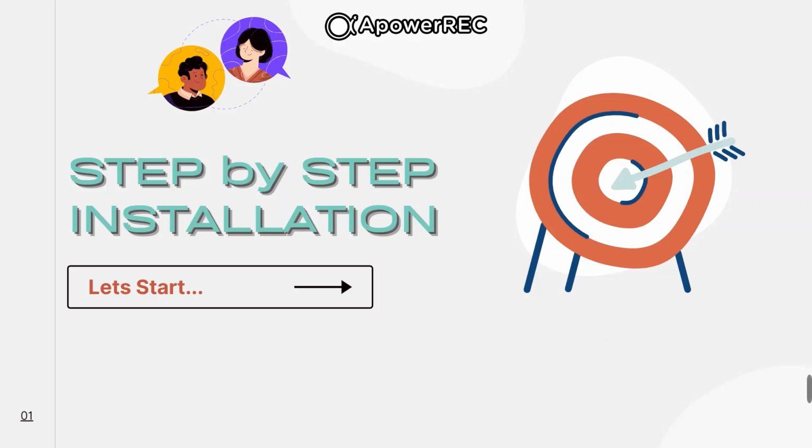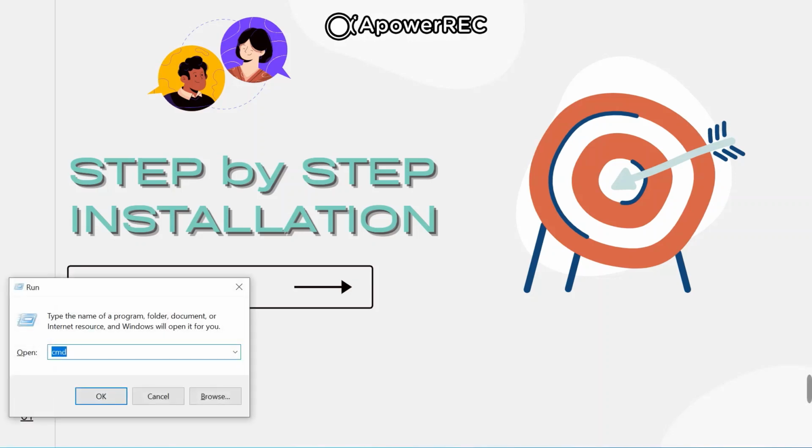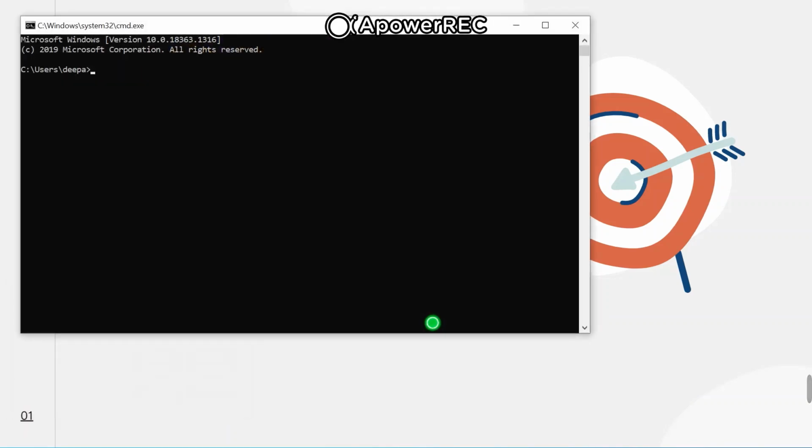Let's quickly start with the first step, to check whether Java has been installed or not. You need to go to Run, type cmd, click OK. Then you need to type java space hyphen version.